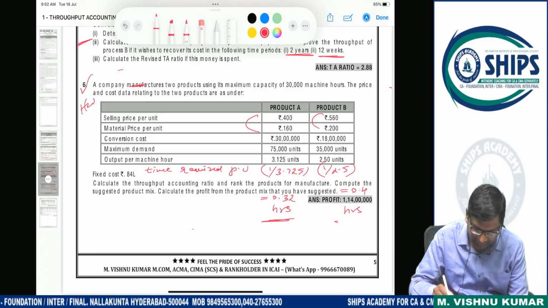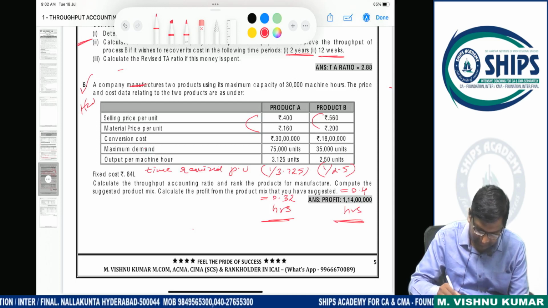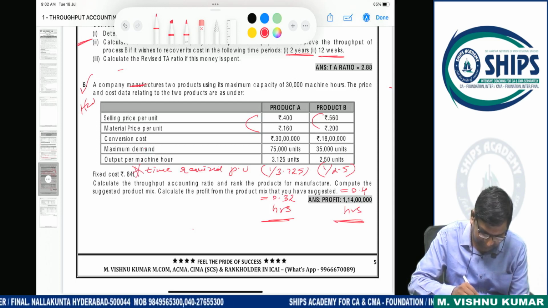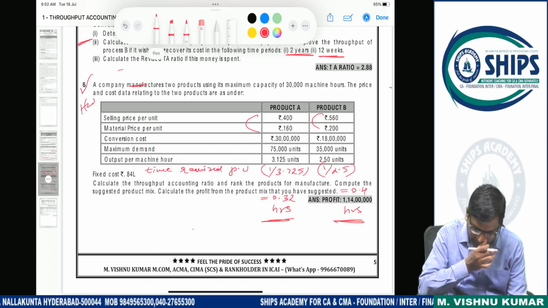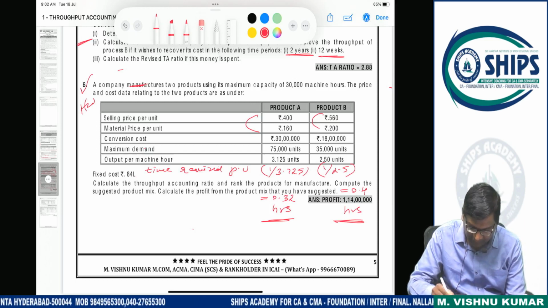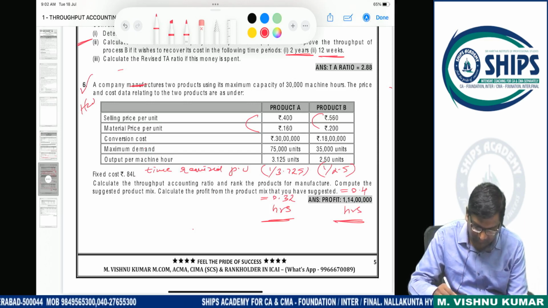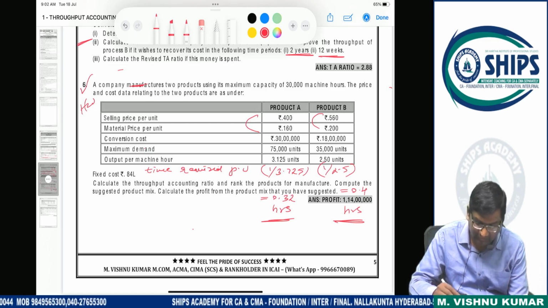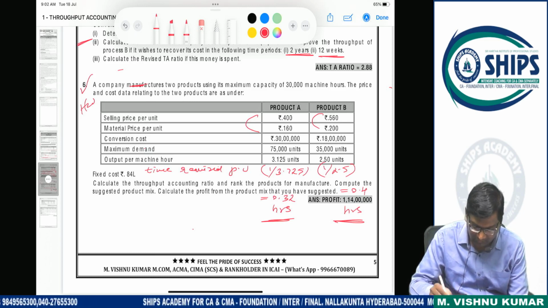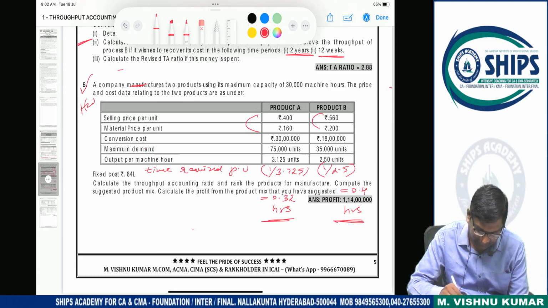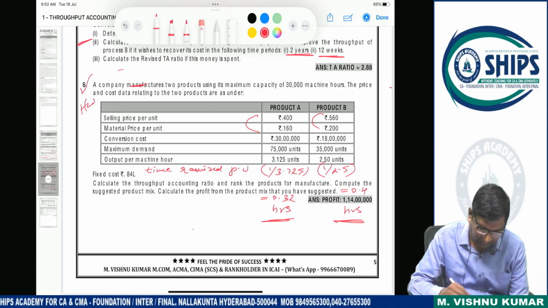Understand? So note this point, important. Here students will make the mistake. This is the important key point. From this you can calculate the throughput accounting ratio, or throughput contribution per hour. So time required per unit is 0.32 hours, 0.4 hours. In 1 hour they are producing this much, this is not important.